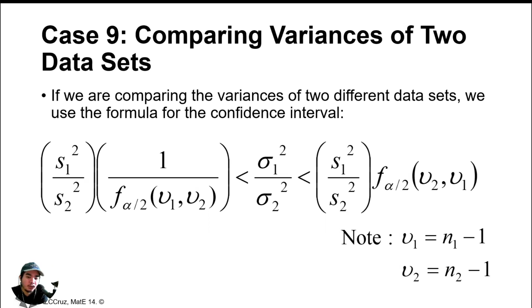Then this is 1 over F alpha over 2 of nu2, nu1. So, this is actually the left tail when you invert it, when you reverse the two values.